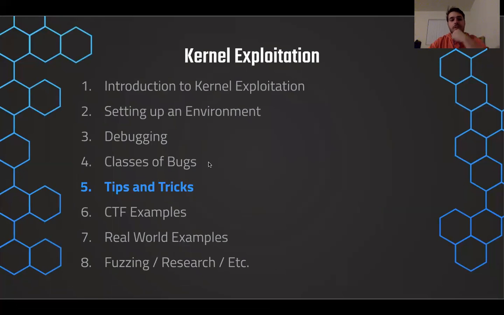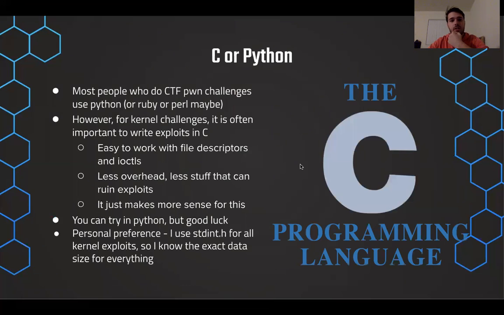Okay, now I'm going to go into a few tips and tricks that are actually going to help a lot if you're trying to do any sort of CTF kernel exploitation, especially in 2020 with all the mitigations they have. C or Python? C is just better for kernel exploitation.